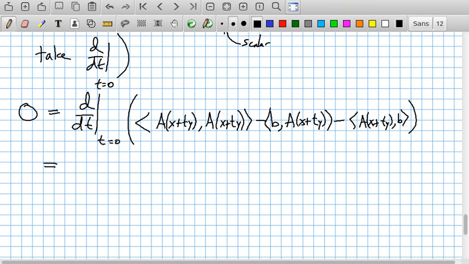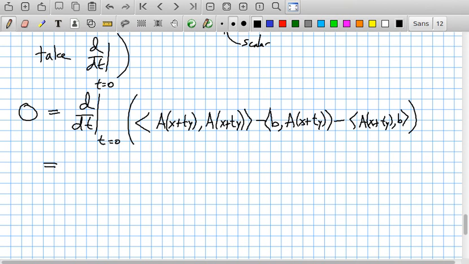Remember, we're going to take derivatives with respect to t and set it equal to 0. So anything that's remaining is going to have a t in it, and in fact, only one t. Let's keep that in mind as we write this out.